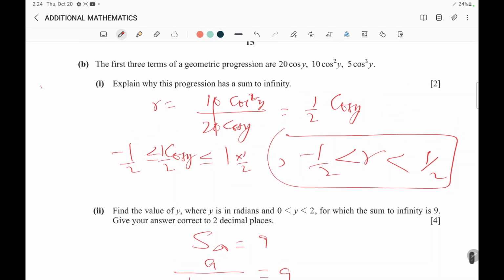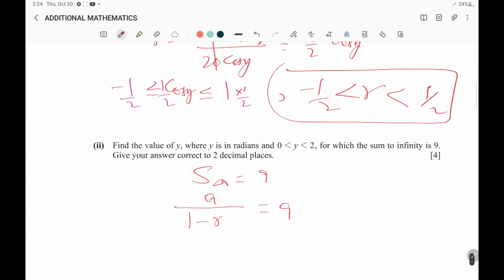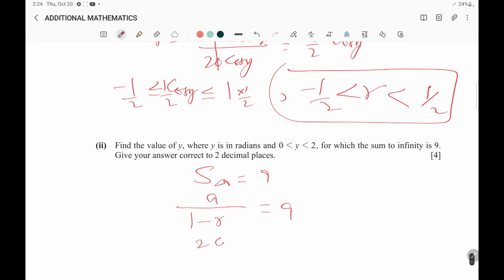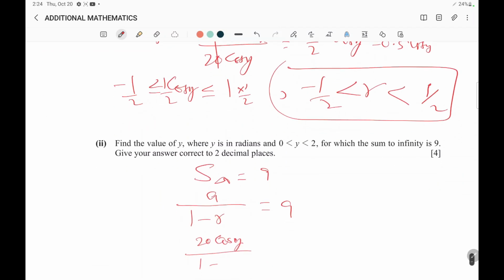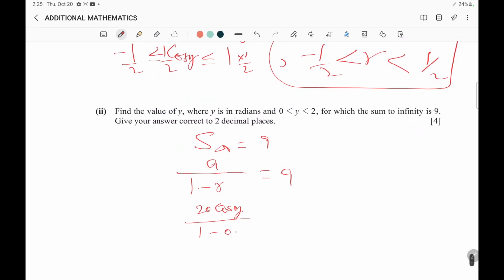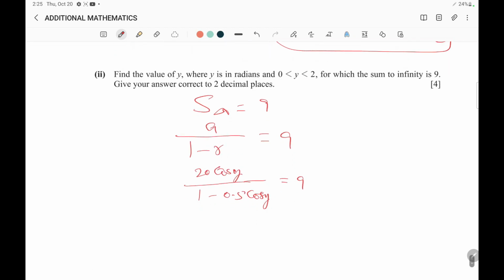What is the first term? 20 cos y. 1 minus the common ratio. What's the common ratio, guys? 0.5 cos y. So 1 minus 0.5 cos y, which is 9.